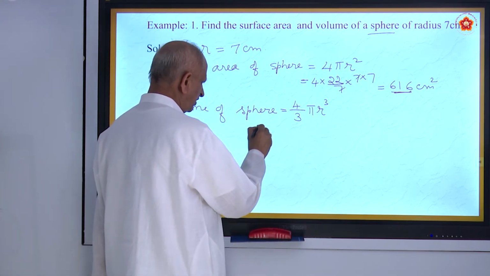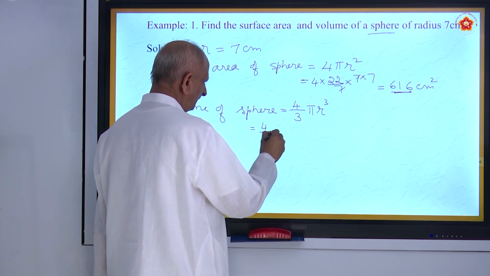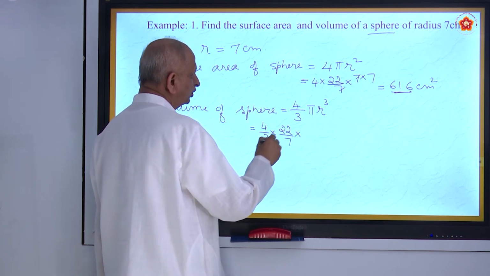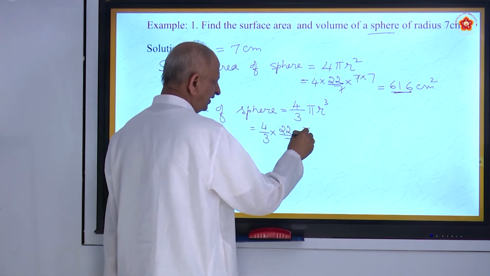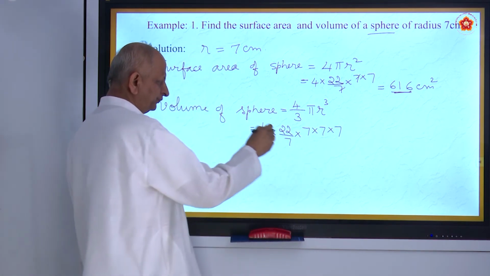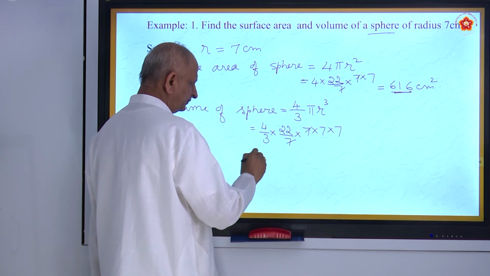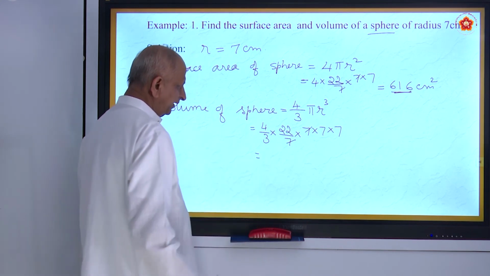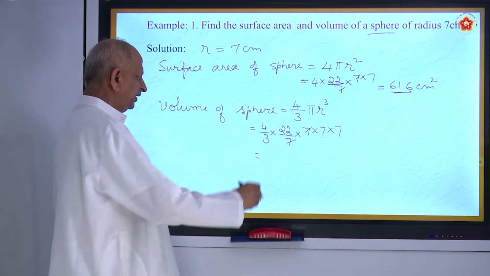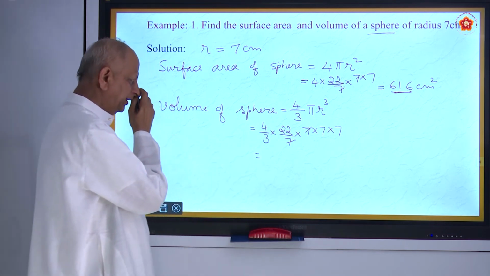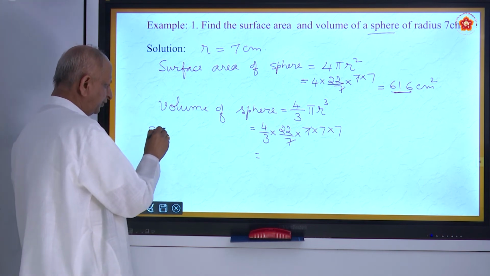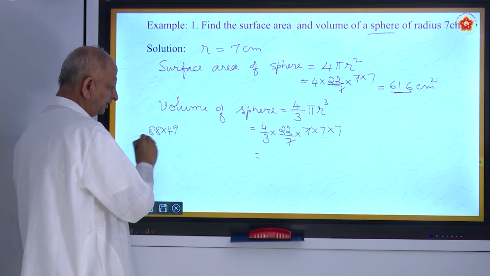So you have 4 by 3 into pi, which is 22/7, into r cube. What is r? 7 into 7 into 7. So 7 7 cancels, and it will multiply. So 88 you get. 88 into 49 divided by 3.